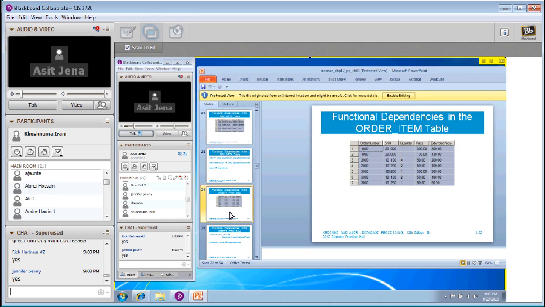Okay, so let's look at this table. Functional dependencies in the order item table. Just keep this in mind, the order entry table has order numbers, SKU, quantity, price, and extended price.